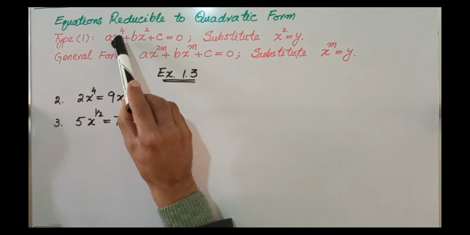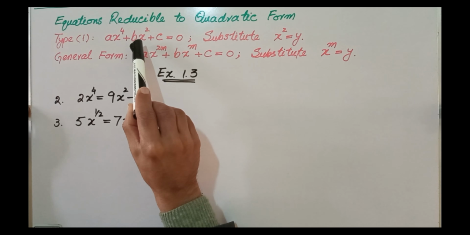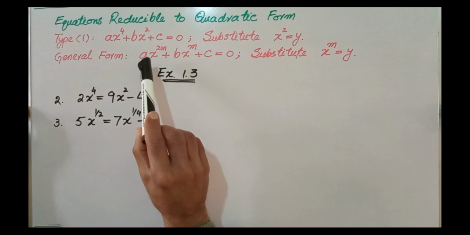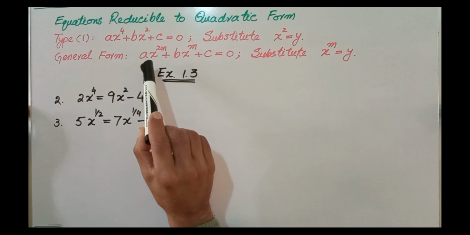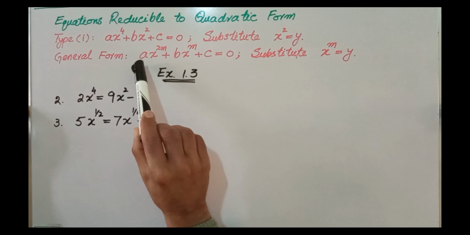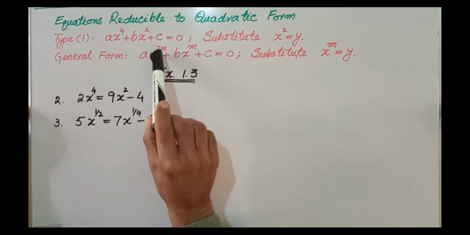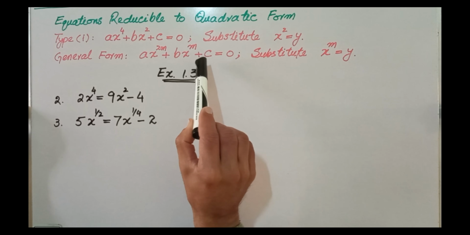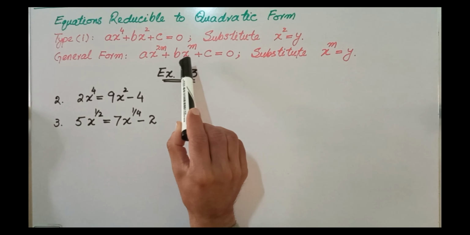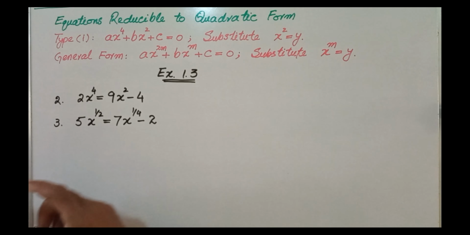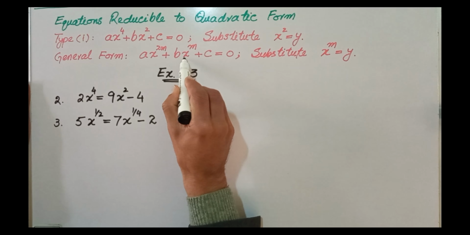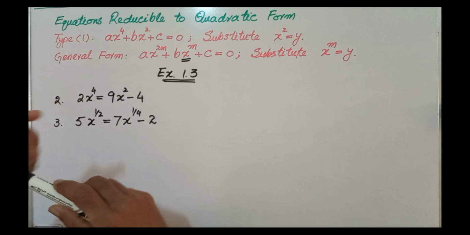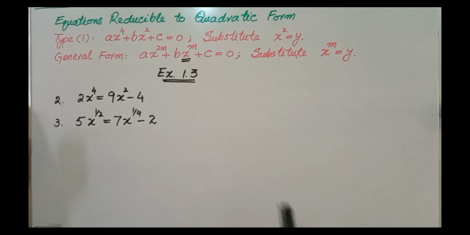If we generalize, the power of this x is half of the power of this x. So in the general form we write ax power 2m and its half is m, bx power m plus c is equal to 0. In this case, we'll substitute x^m is equal to y, and then we'll solve the given equation.